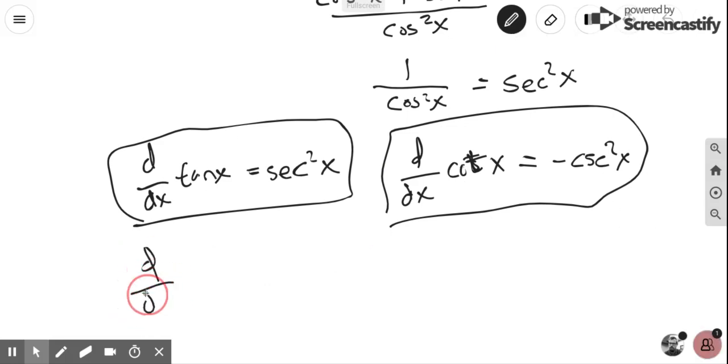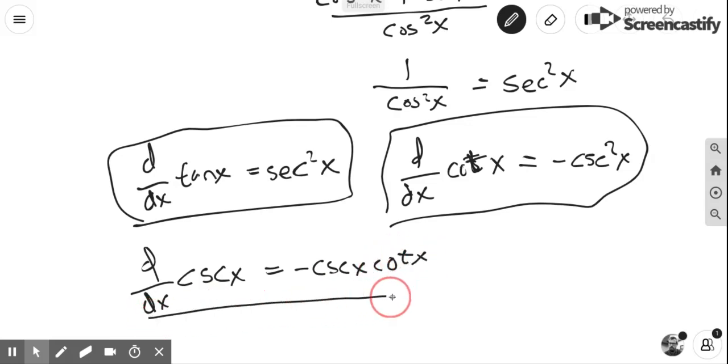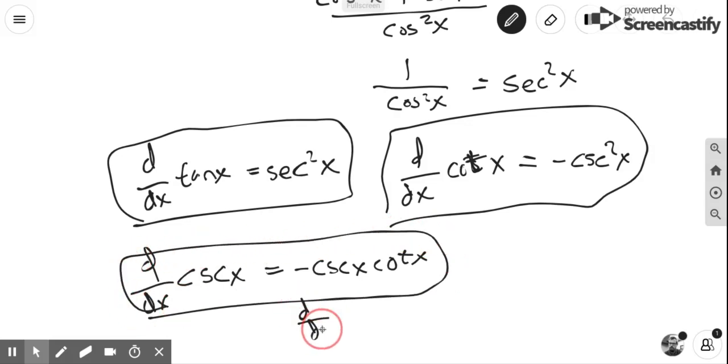The derivative of cosecant x would end up being negative cosecant x cotangent x. And the last one, the derivative of secant x, would end up being secant x tangent x.